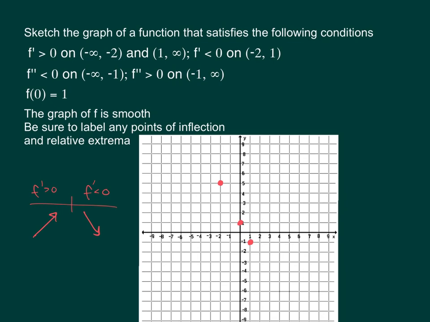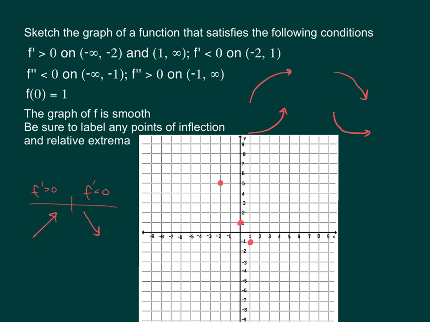Now concavity, we can be concave down, but in two different ways, and that's what makes concavity a little weird. We can be increasing in concave down, and we can also be decreasing in concave down. And then we could also be decreasing in concave up and increasing in concave up.